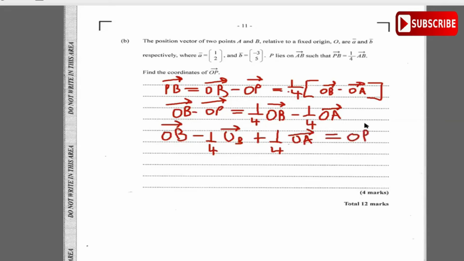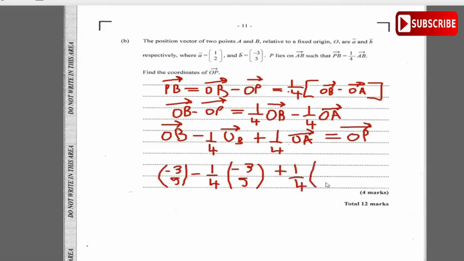So now that I have what vector OP is, I can just add them, because I know what OB is. OB is (-3, 5), minus a quarter of (-3, 5), plus a quarter OA, which is a quarter of (1, 2).